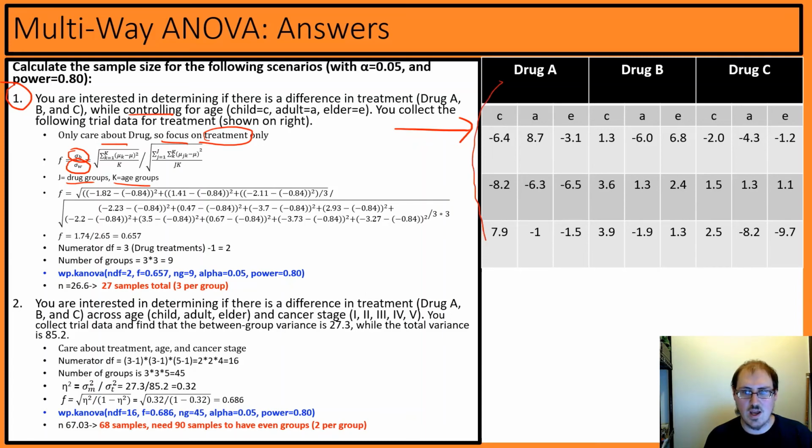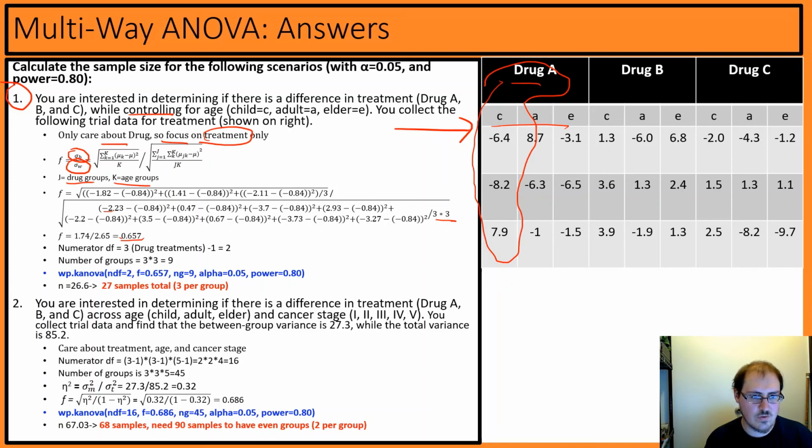So drug A for children. I guess it's not this first mean here, but one of these means, divided by the overall mean, and you do this for 3 times 3 groups, because we had 3 drug treatments and 3 age groups. If you do all of this, you get an F value of 1.74 divided by 2.65, giving an effect size of 0.657.